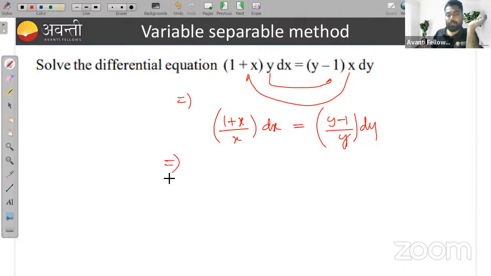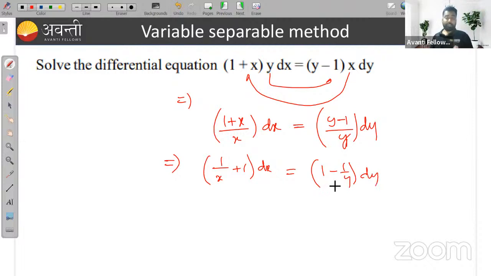Now, if we simplify it, we get (1 upon x plus 1) dx is equal to (1 minus 1 by y) dy. So what is the next step? You have to integrate on both sides.